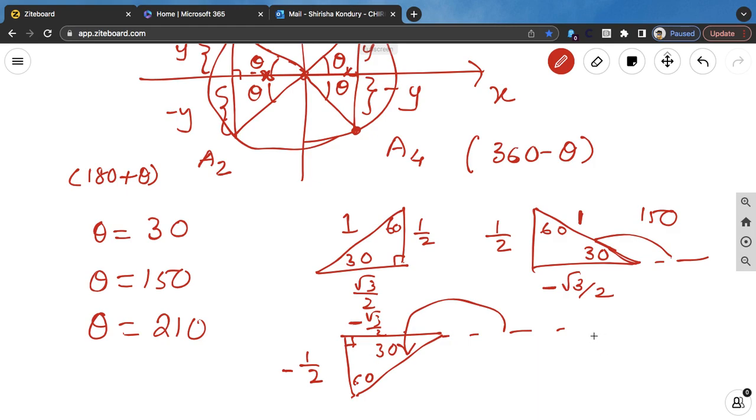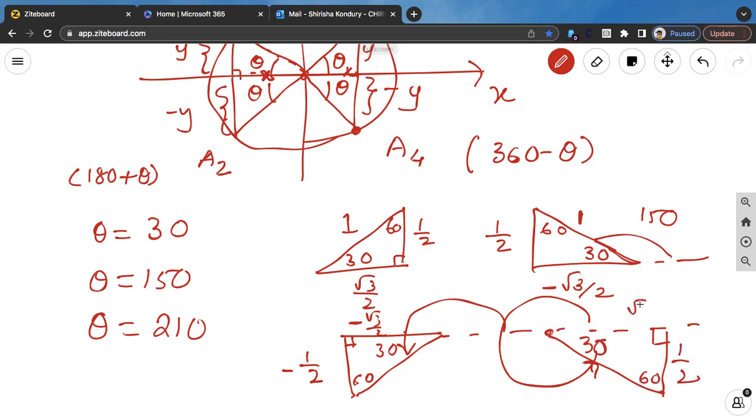Same way, if I make an angle of 330 degrees, I will still have a 30, 60, 90 triangle, which means opposite side and adjacent side are still going to be the same value, but now y value is negative and x is positive.